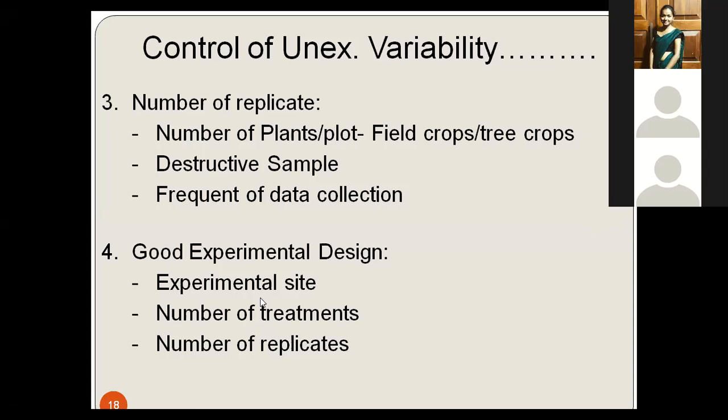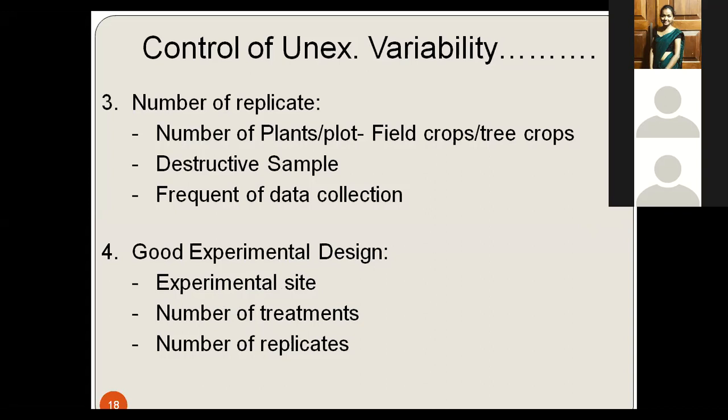So what I am saying is, when you design a good experimental design, you have to look at the site, what is happening, whether that site is suitable, whether that site is influencing the treatment.